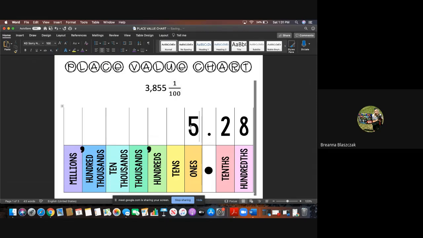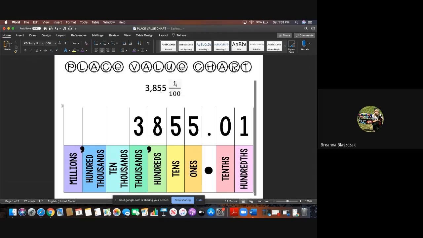So we have 5 in the 1 spot, 5 in the tens place, 8, and then 3 in the thousands. And then we'd have 1 in the hundredths. So 3,855 and 1/100ths. So that is how you change a mixed number into a decimal.